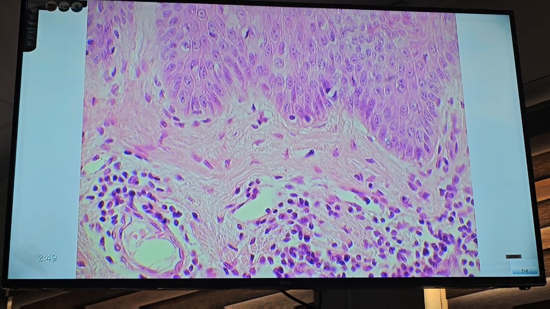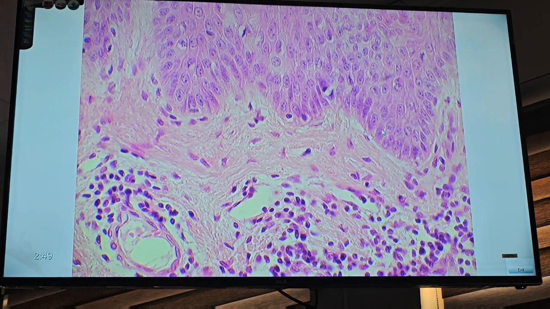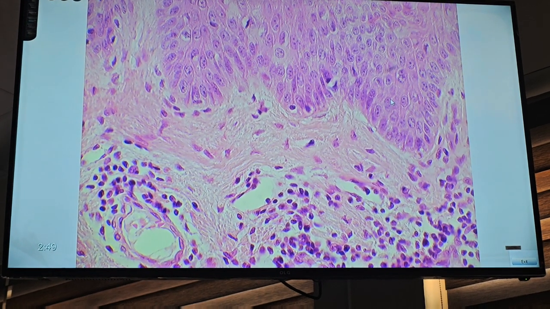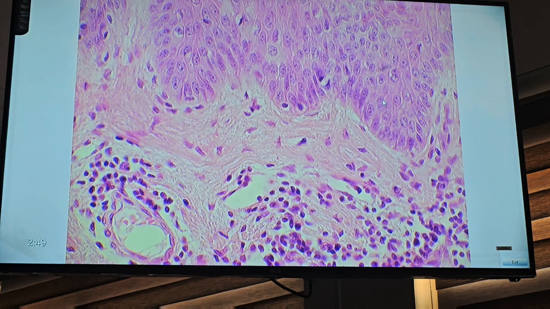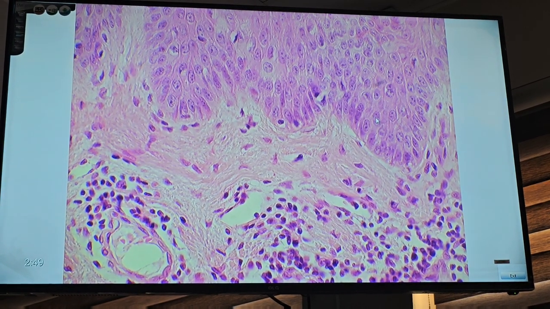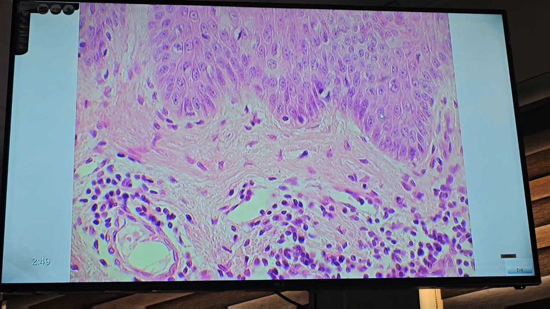Stratum basale, together with cells from stratum spinosum, both cell layers are called stratum germinativum.